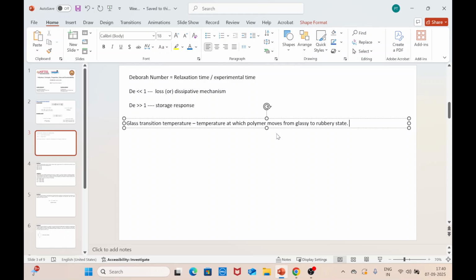So how does this affect the modulus of a polymer? The modulus will typically decrease beyond Tg in the rubbery state compared to the glassy state.